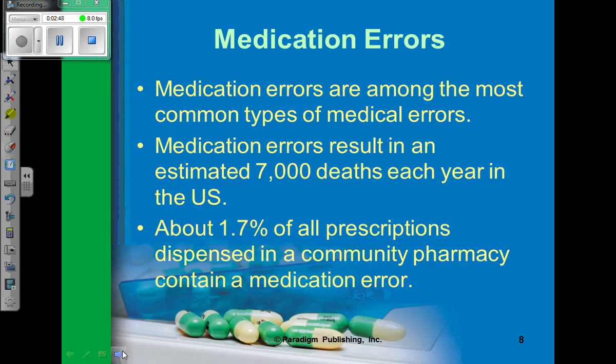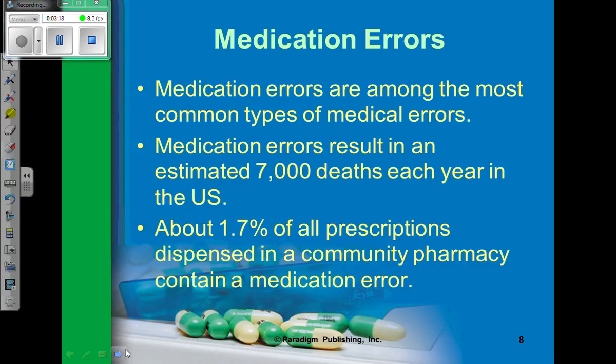So 4 prescriptions out of 250 of all prescriptions dispensed in a community pharmacy contain a medical error. If you think about it, I used to work at a pharmacy where we would do maybe between 400 to 600 prescriptions a day. So you're looking at 4 out of every 250 of those, you're going to have 4 errors. So that's a lot.